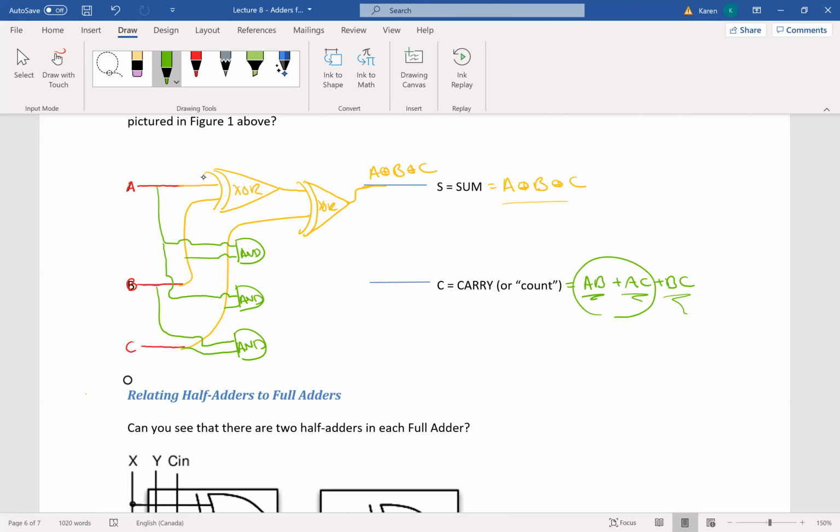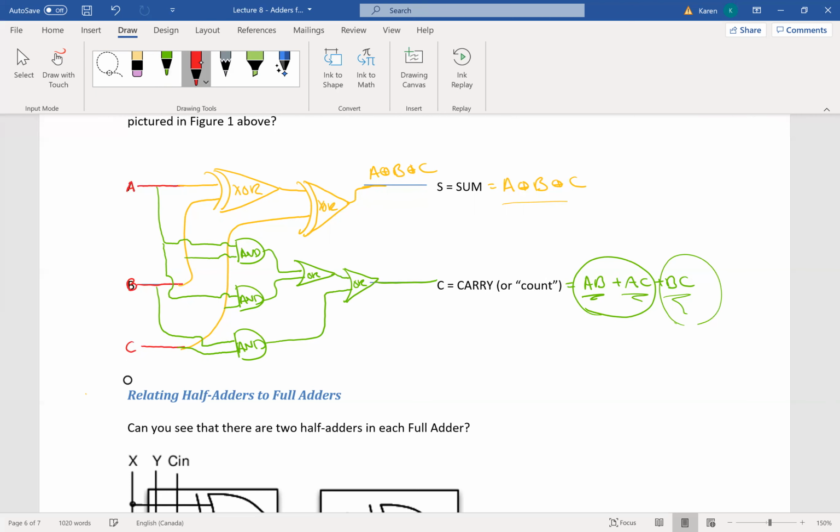So now I need to OR the first 2 AND gates together. Here I am ORing those together. Then I need to OR that result with BC.